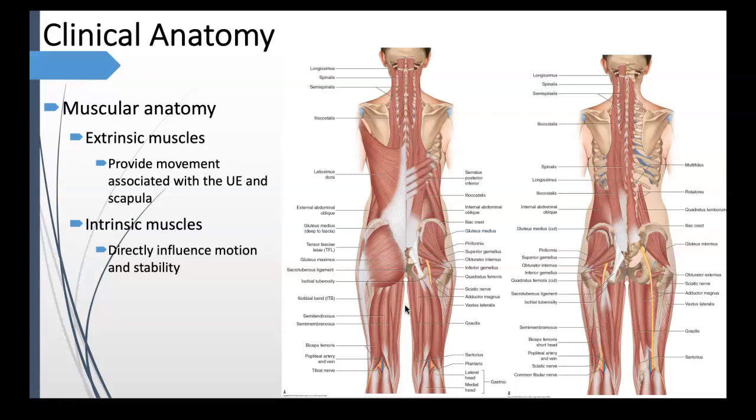So when we look at the extrinsic muscles, let's name them. We've got the large lat, which goes into this white structure known as the thoracolumbar fascia. One of the beautiful things about the thoracolumbar fascia is the way that it pinnates in multiple directions.